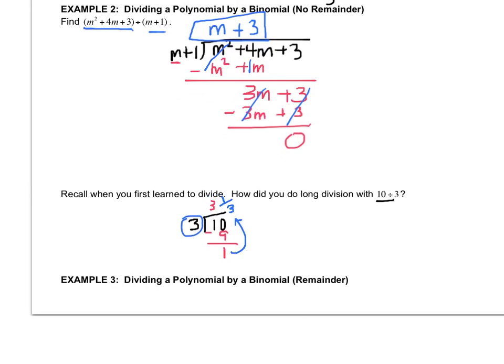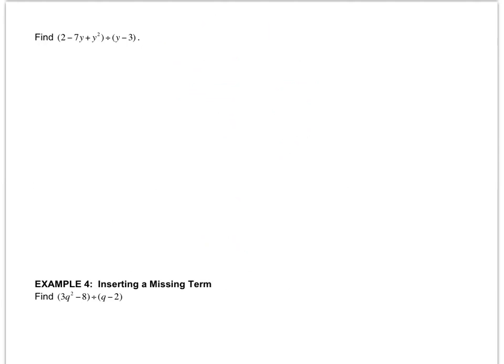So let's look at what happens when you have a polynomial that has a remainder. Okay, first thing is I'm going to write that trinomial in standard form. So I'm just going to rewrite it, y squared minus 7y plus 2 divided by y minus 3. So same rules apply. y goes into y squared how many times? y times what is y squared? Well, that's y.